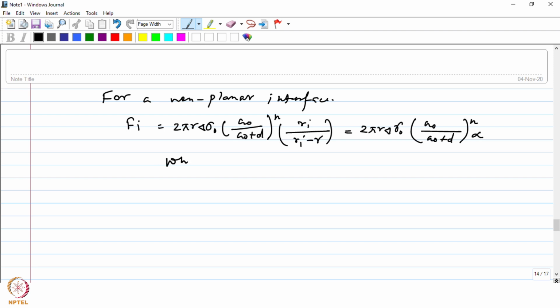This holds when A naught plus D is much less than R. So for alpha greater than 1, a concave interface develops and Fi is increased.